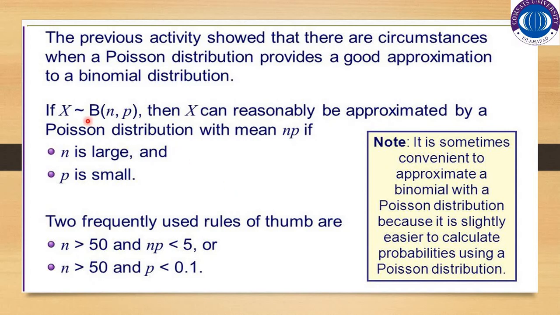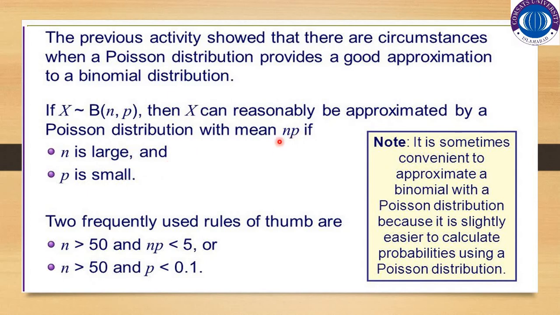So, if x approaches to binomial with parameter n and p, then it can reasonably be approximated by a Poisson distribution with mean np if n is large and p is small.